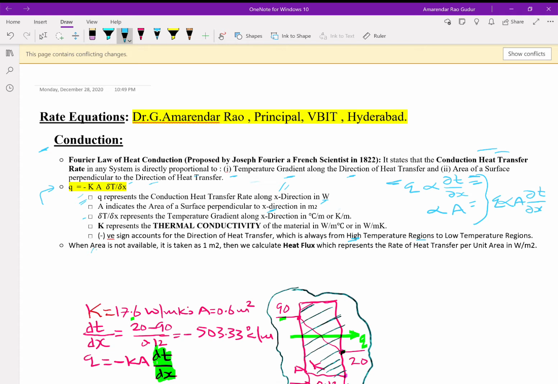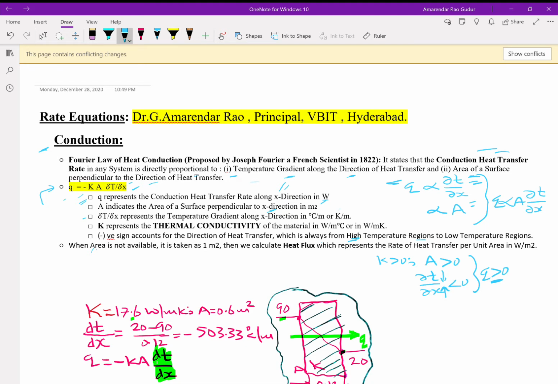Mathematically speaking, in this equation, K is always positive and so is A, but del T by del X is always negative, because along the X direction, as X is increased, temperature has to decrease, and in the decreasing temperature direction, Q has to be positive. So to make Q positive in the decreasing temperature direction, we introduce the negative sign.